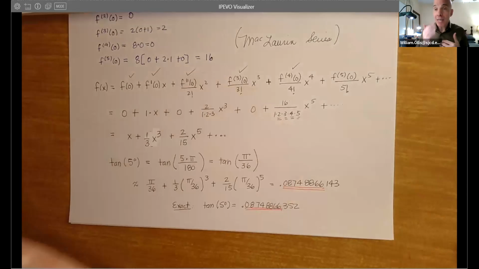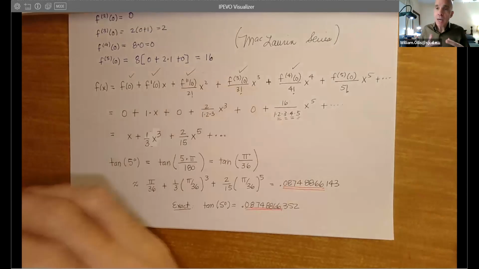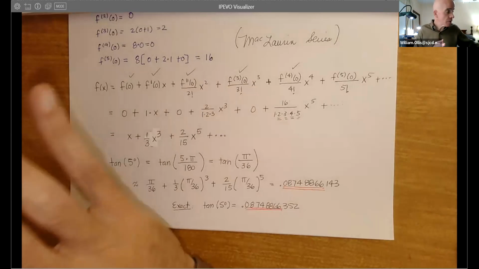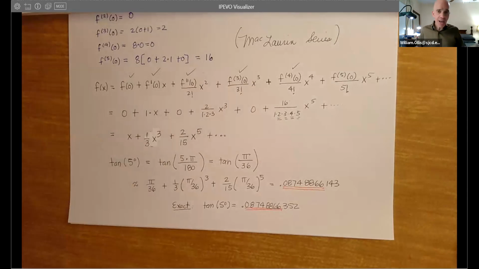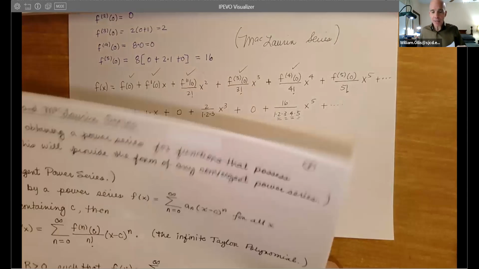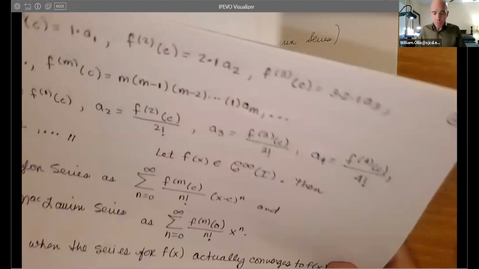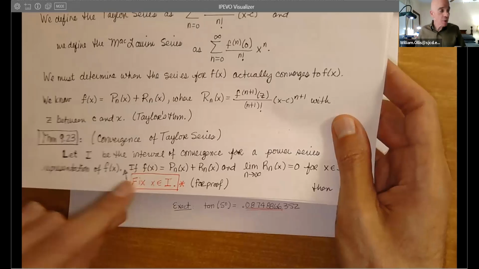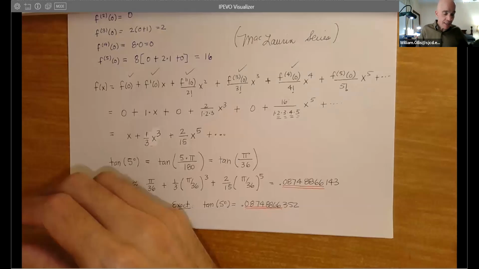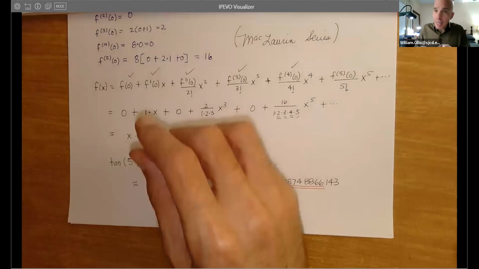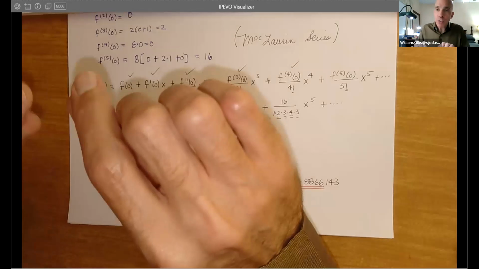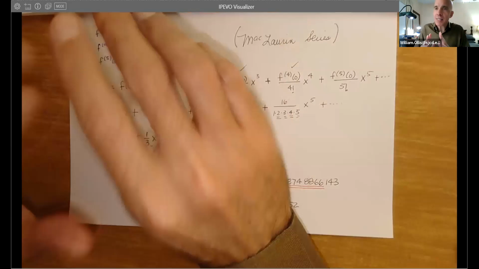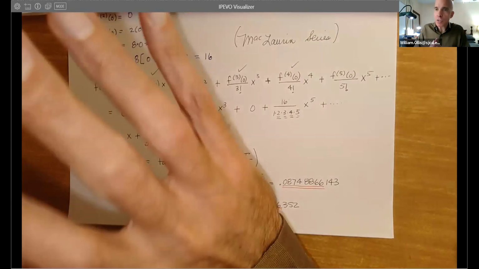And so what we have left to do is just maybe look at a few remainder terms to see what happens. So the final result, the final theorem, just in closing, everybody, you've been very good, will just be the convergence of Taylor series. Basically what that means is that if we can show that the remainder term converges to 0, then we have a really nice infinite series that converges to the function.